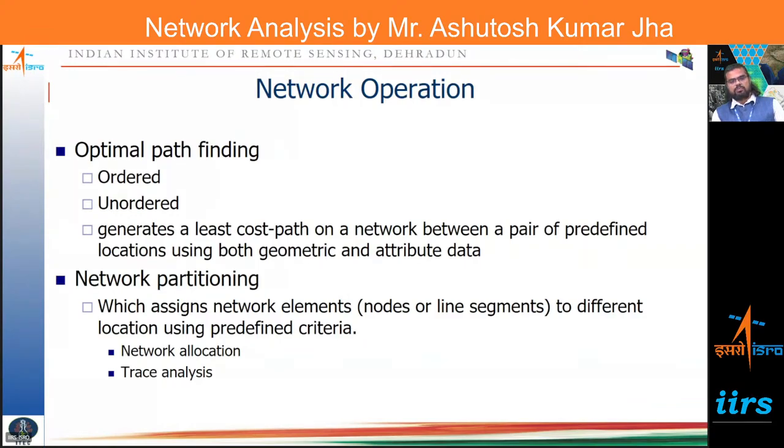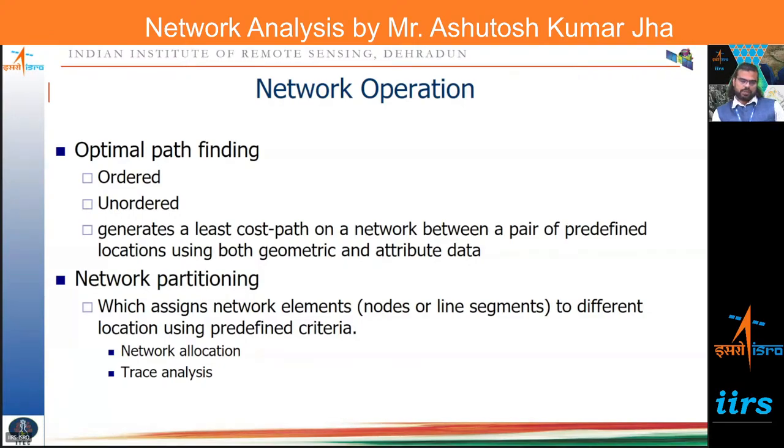Then the other part is that you break down your whole network into different compartments: the area which is covered by analysis, and another which cannot be covered by an analysis. In such cases, the algorithms fall under network partitioning algorithms.